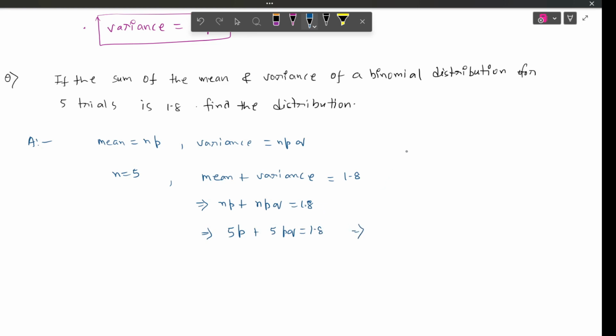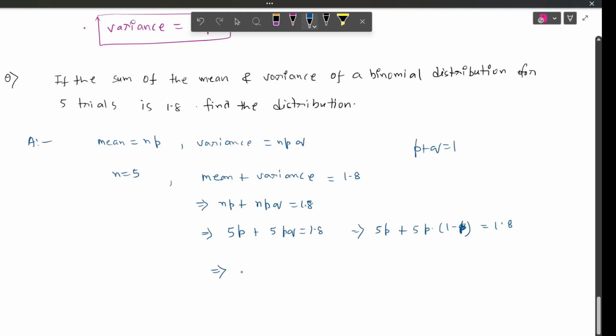Okay, and we know p plus q is 1. So q is 1 minus p. So we can say 5p plus 5p into 1 minus p is 1.8. So it should be 5p square minus 10p plus 1.8.